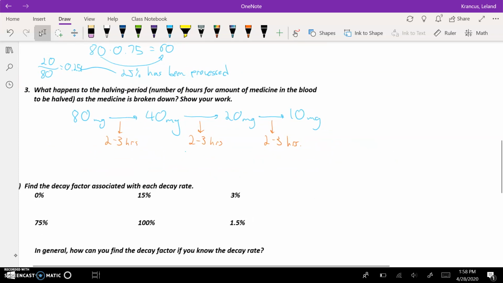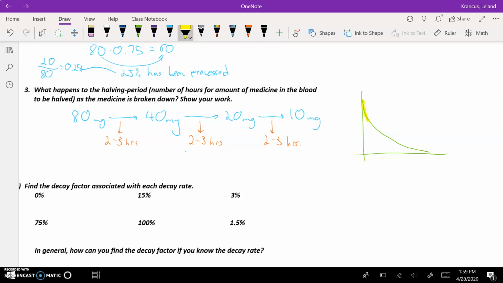There's a couple ways to explain this. First of all, we're prone to thinking of things linearly. So you would think, if it took 2 or 3 hours to go from 80 milligrams to 40 milligrams, then going from 40 to 20, which is a much smaller change, wouldn't take as long. But remember, when we're talking about exponential decay, the slope is changing as you go. That first jump from 80 to 40 takes 2 or 3 hours.